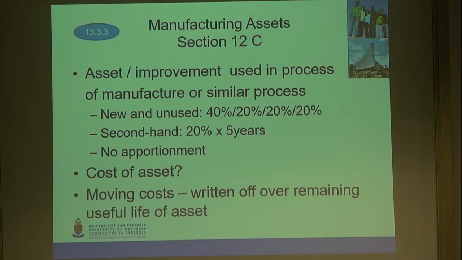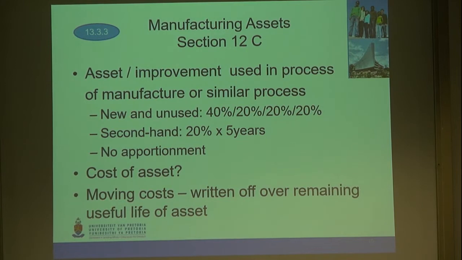And it says, if you have this asset that you are moving, what you're going to do is look at the underlying asset that is being moved, and figure out how many more years this underlying asset has to be written off, including the current year.